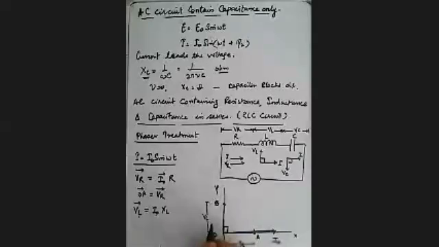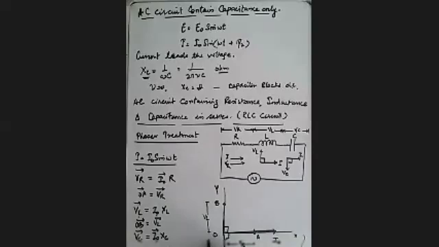Now in the third case, capacitance, the maximum value of VC is given by I naught into XC, where XC is the capacitive reactance. Now the relation between I and VC is that the voltage lags the current. So with current in this direction, the voltage lags, which means we go in the clockwise direction, 90 degrees clockwise.